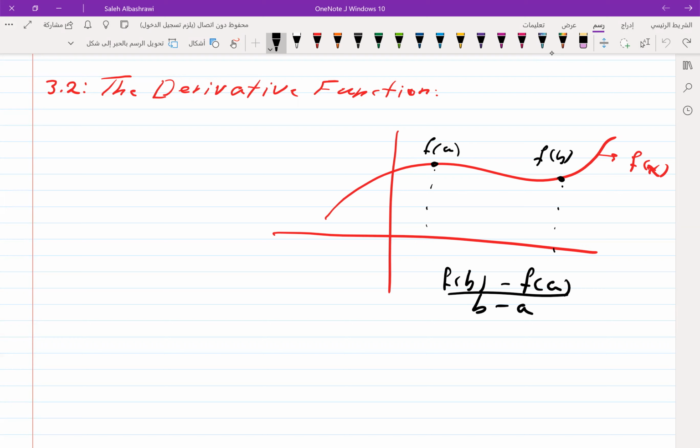For example, if f is representing the distance, then f of b minus f of a divided by b minus a, where b and a are the time, we will have the speed. This distance divided by the time will give me the velocity or the speed of the moving object.